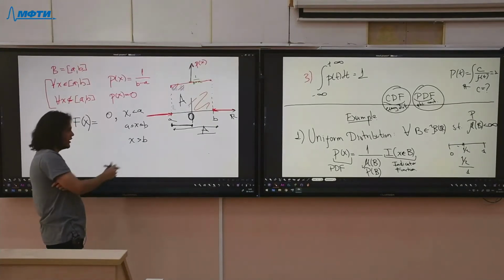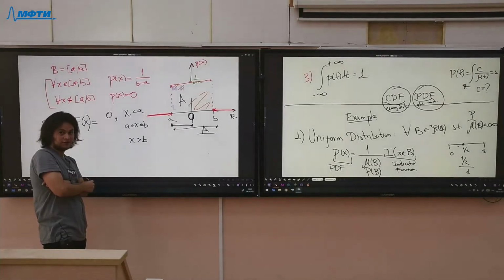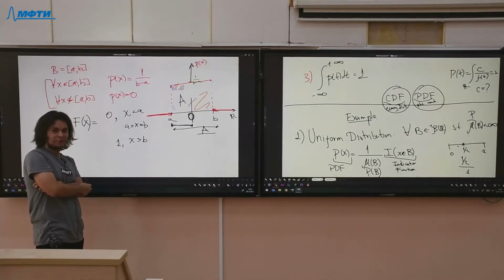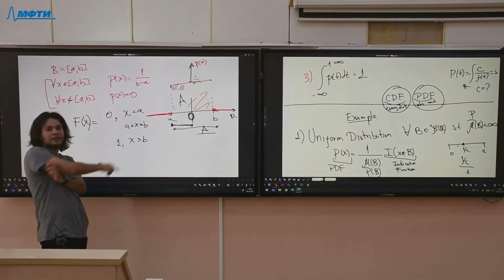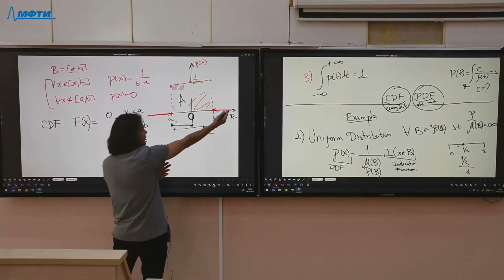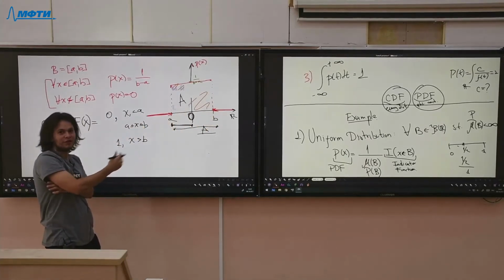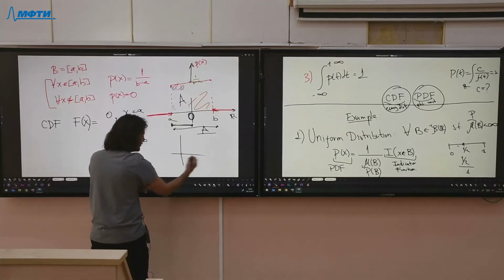If x is greater than b, 1, right? Because this is the probability that we obtain a number less than b. So all these numbers. Again, here a is 0 and b is 1. Okay, this is a and this is b.